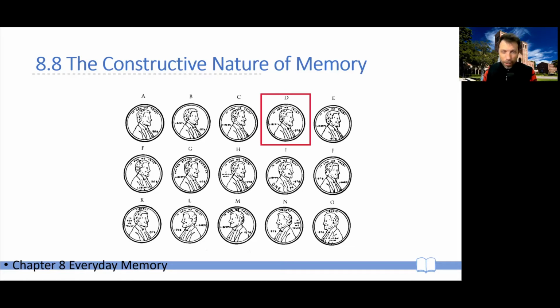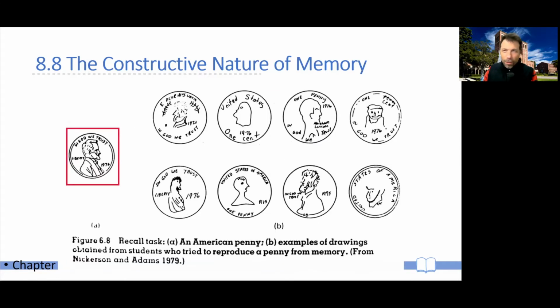Now, if you ask people to draw from memory what a penny looks like, it's awful. People are terrible at this. And it's not like we don't use pennies all the time. If you look at the drawings in particular, what stands out is that clearly people know the components. Yeah, there's a face, maybe it's beardy.